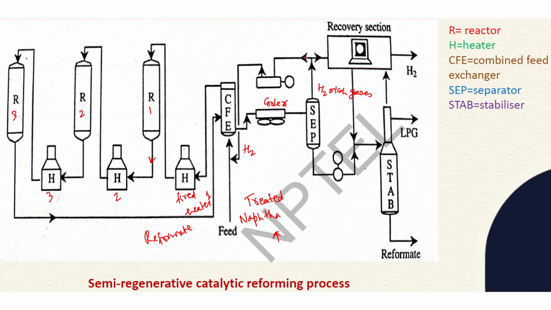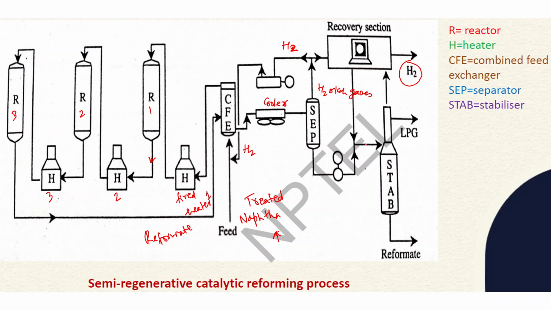Some amount of hydrogen is given back to be added along with the feed, and some is given out from the recovery section, which can be used for hydrotreatment of the feed for hydrodesulfurization or hydrodenitrogenation. So for that purpose it is given out.